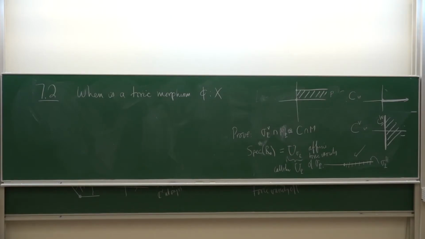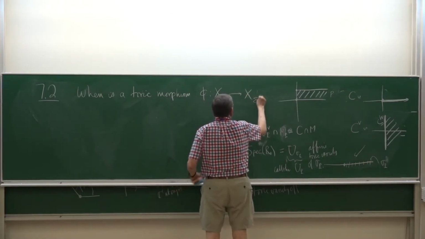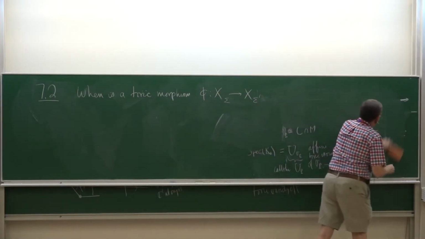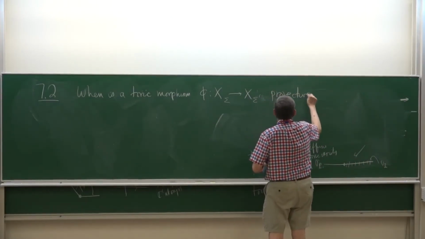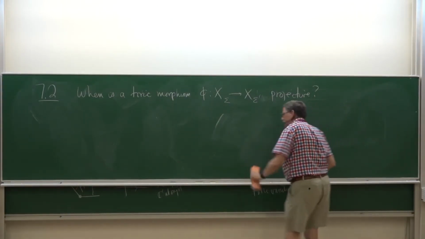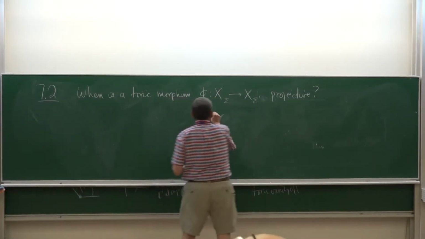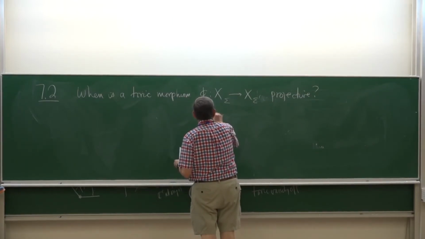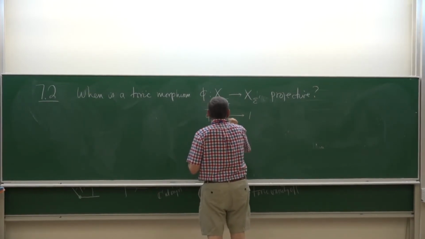So it's X sigma to X sigma prime, projective. So just need to remember the setup for a toric morphism, which I reviewed a little bit. That, you know, I have phi bar, I'll tensor it up with R.